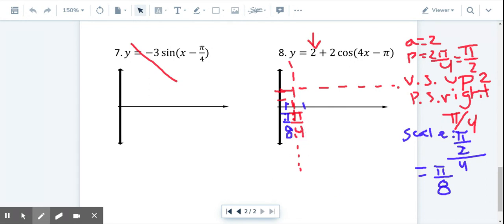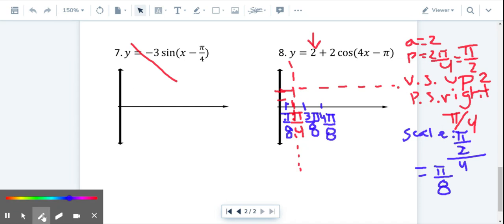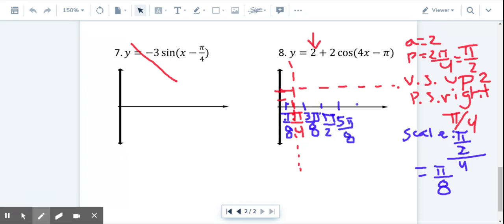And then this is 2 pi over 8. And then we have 3 pi over 8 and 4 pi over 8, which is pi over 2. And then we have 5 pi over 8. And then we have 6 pi over 8, which is 3 pi over 4.